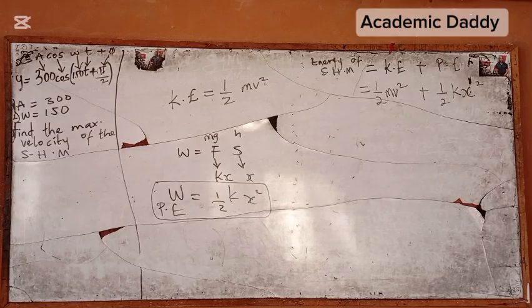So if I know that, I can now substitute the values of what I've discovered. What did we get as the formula for velocity? We said it's minus AW sine of (WT plus phase angle). Is it what you have?